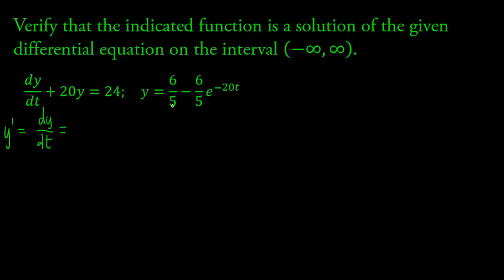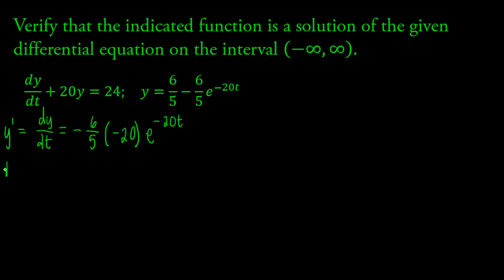So of course the derivative of a constant, which is 6/5 here, is going to be 0. And then here I have the derivative of negative 6/5 e^(-20t), and you should remember the chain rule. The result from that is I have the negative 6/5 multiplied by negative 20, and then I still have my e raised to the negative 20t.